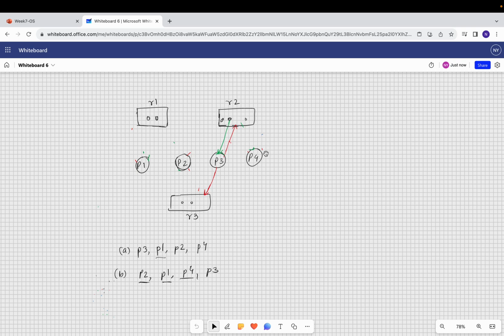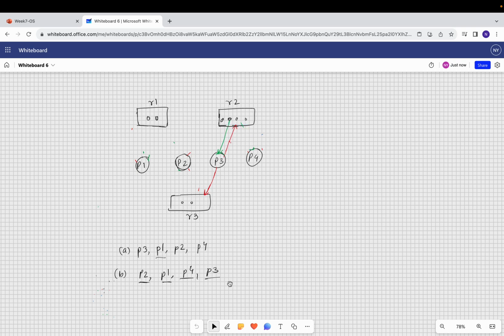Lastly, P3 is there. P3 is requesting 1 unit of R2, 1 unit of R3, and we have enough. We have 3 units of R2, 2 units of R3, and we can service this request. So P3 will be able to occupy all the resources it needs, and then it will also finish its execution.